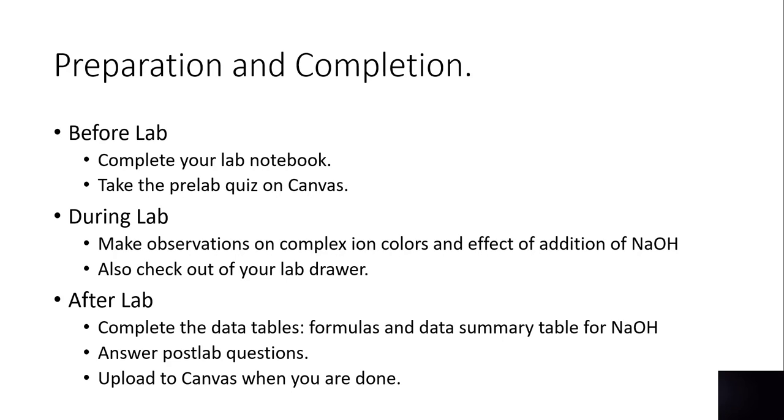There are some post-lab questions as well. Make sure to answer those. And then when you're done with the whole thing, you'll be uploading that to Canvas. You have a little bit of time, I think about a week to complete this. So you have some time. If you do have questions, I can help with those if you need a bit more time. So that is the pre-lab for the Transition Metals Lab.